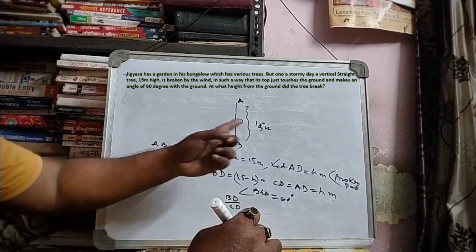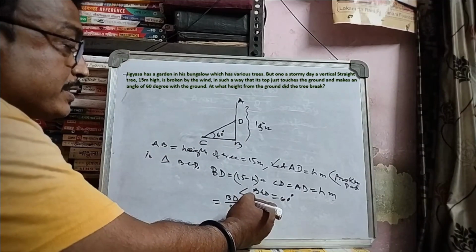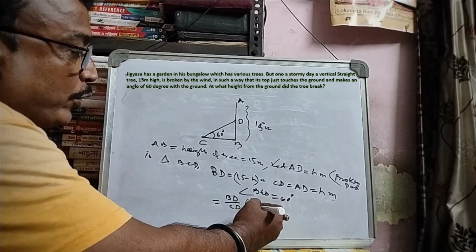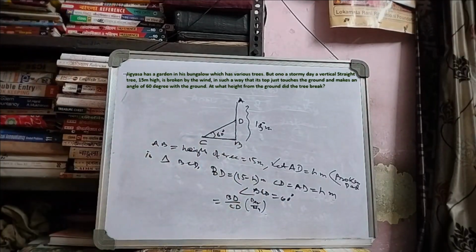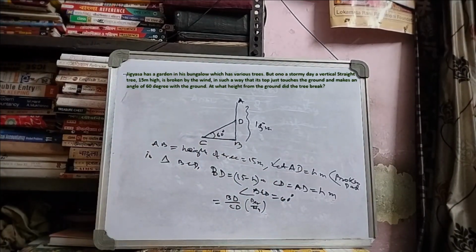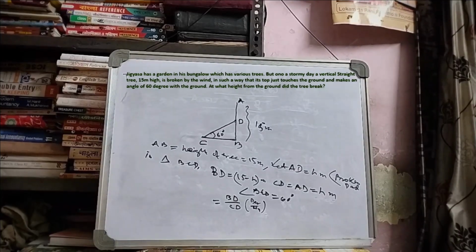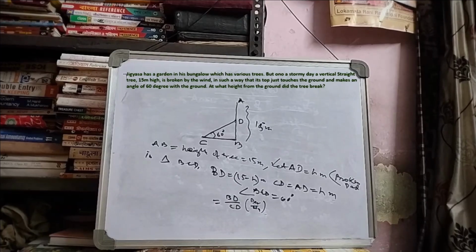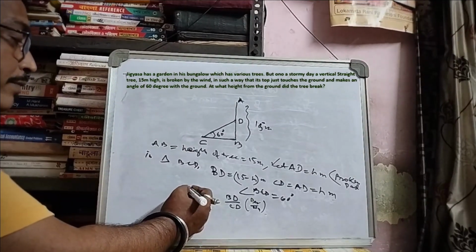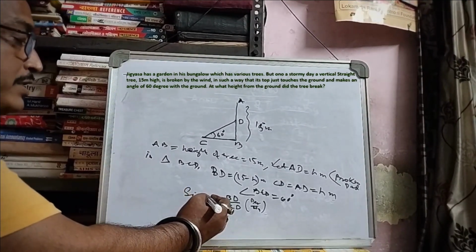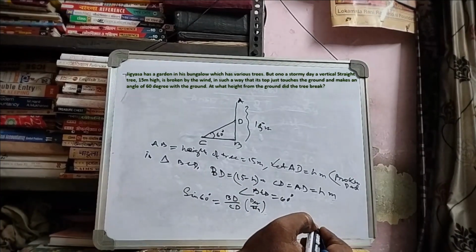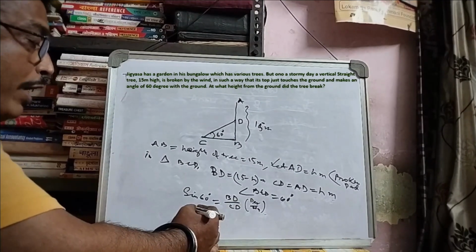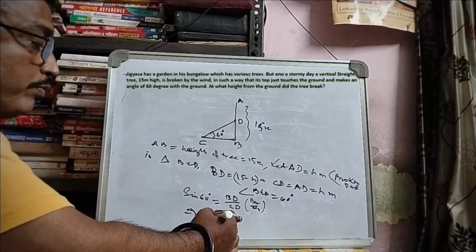तो BD by CD, that means perpendicular by hypotenuse. ये होता है तुम्हारा साइन थीटा, मतलब साइन 60 डिग्री. क्लियर? साइन 60 डिग्री का वैल्यू है √3/2.